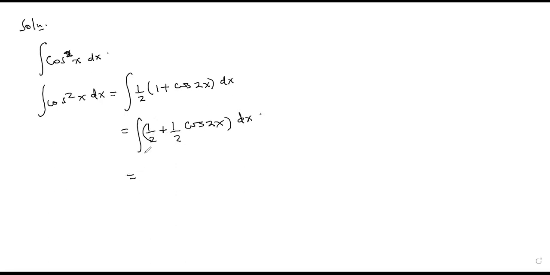When you integrate a half, you get a half x. Then we drop the power, so it will be a quarter sine 2x plus a constant of integration. As simple as that.